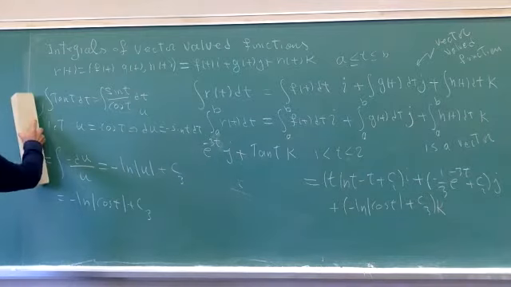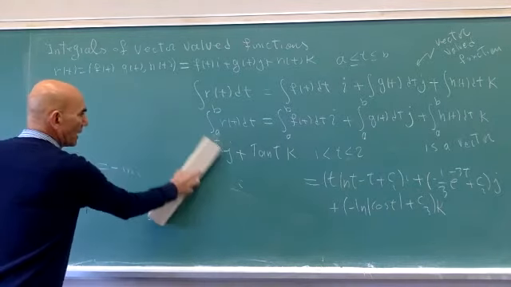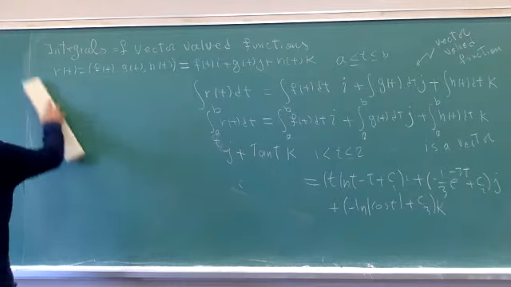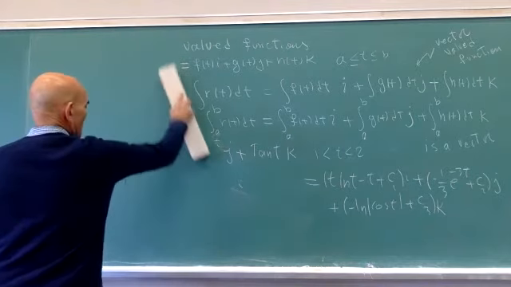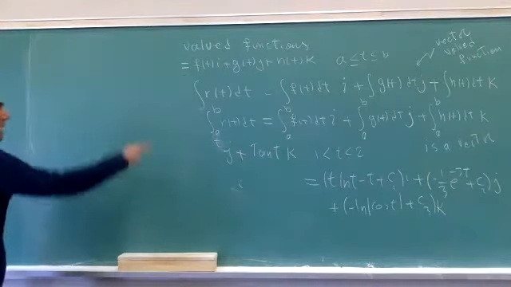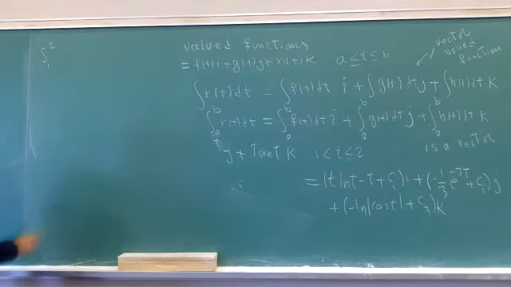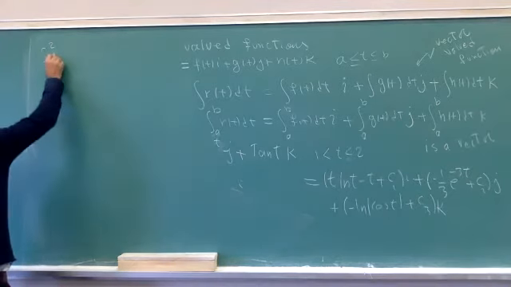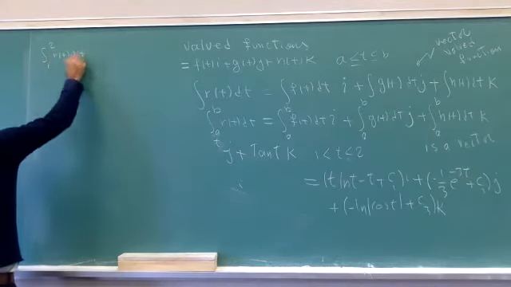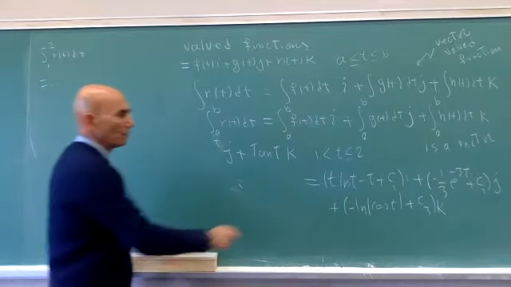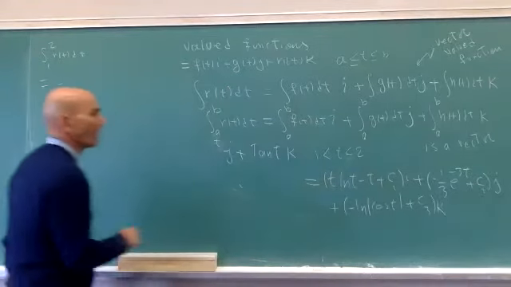Okay, so the definite integral again. Let me go back to the last part. Now we want to compute, what was it? The integral from 1 to 2, I suppose, of R(t) dt. We have to compute these things from 1 to 2.